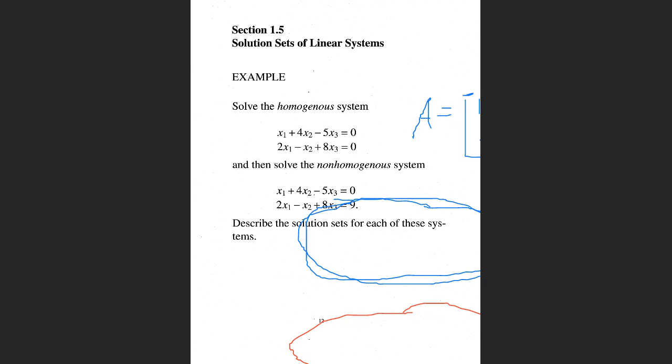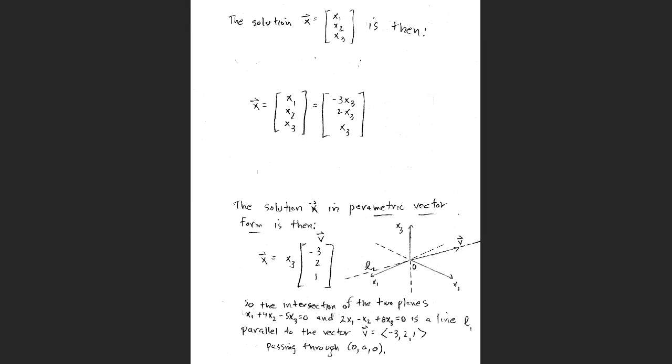All right. Well, let me go ahead then. Let me just comment here. For the homogeneous system, this is what the solution looked like in parametric vector form: x3 times the vector v. That was the homogeneous system solution.